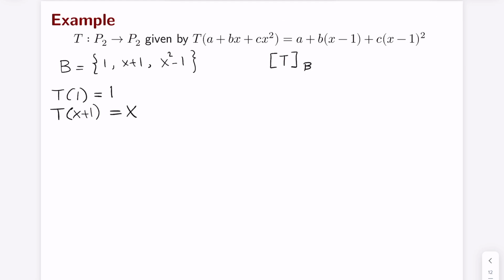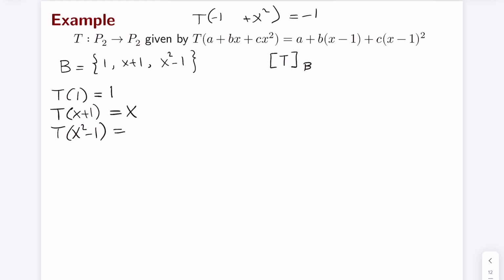Now let's transform the last element in the base, which is the polynomial x squared minus 1. So let's transform x squared minus 1, which is minus 1 plus x squared, right? That will mean here a, which is minus 1, plus b, that is 0, right?